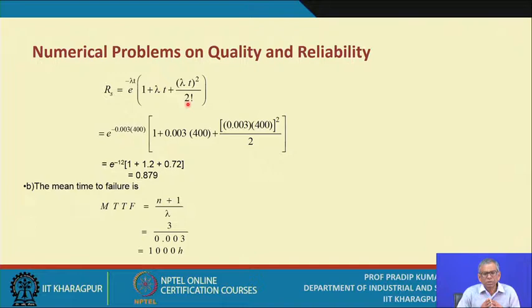So you can prove that it is Poisson distributed with the parameter lambda into t. So that's why it is e to the power minus lambda t into 1 plus lambda t plus lambda t square divided by factorial 2. You just refer to our original expression for the systems with standby components.